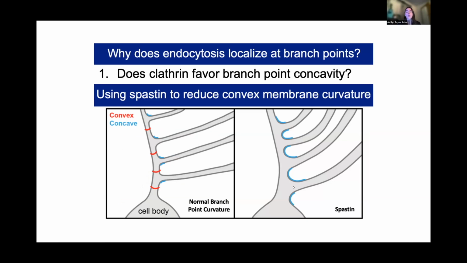On the right, we see a spastin line, which tends to make much larger, fatter branch points that kind of merge together. This limits the amount of red convex curvature and increases the surface area of concave curvature. We use this to see how Clathrin localization might change.